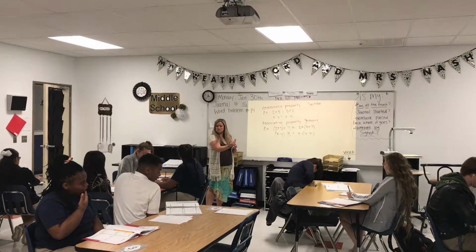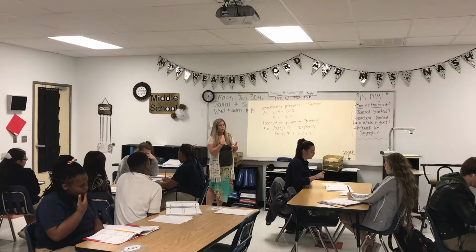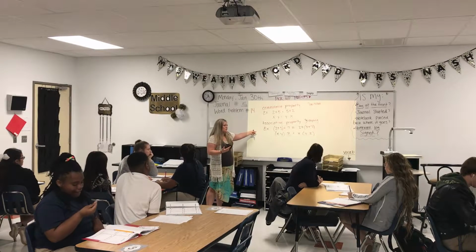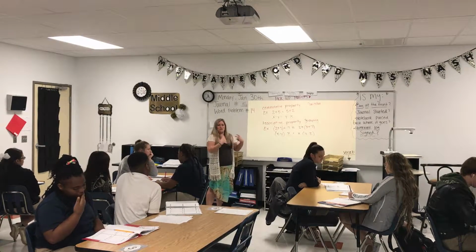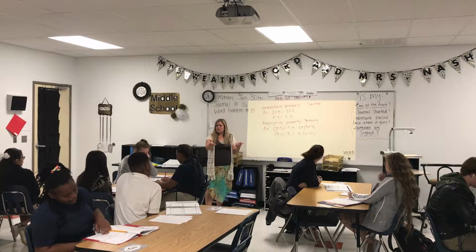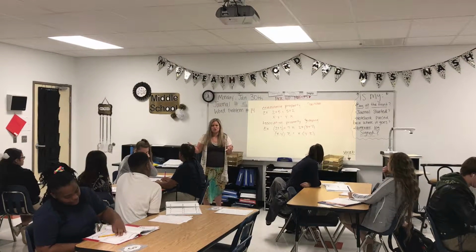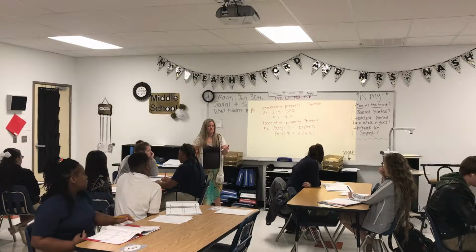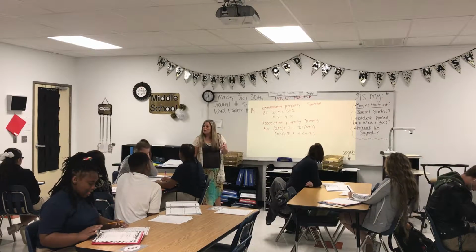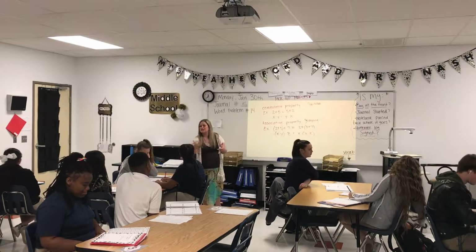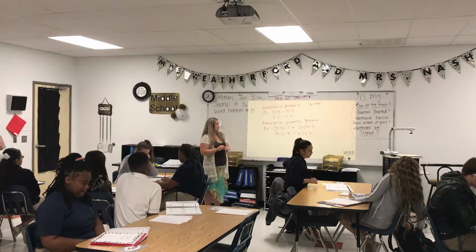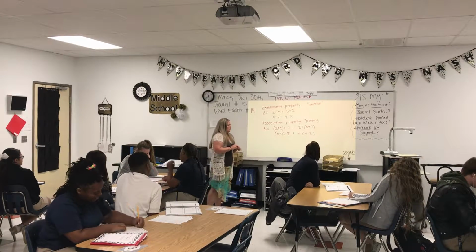It's still the same distance if you go from work to home or home to work. Associative, you can think of as associating with your friends. If Jessica, Natalia, and Ashton are associating with each other, then it doesn't matter what order they're all associating together. So let's look at a worksheet.